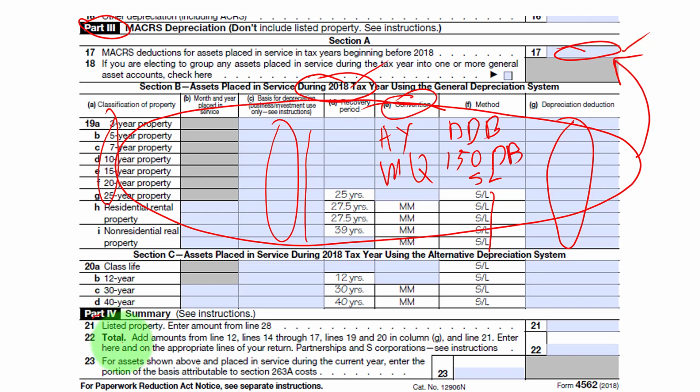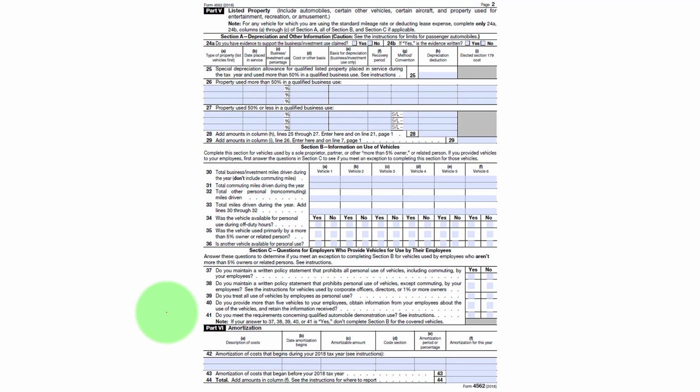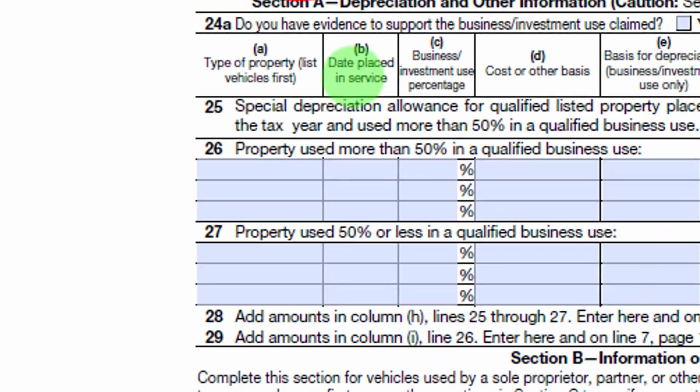Okay, next part, listed property, is coming from the back side of this form. So let's take a look at that. Here's page 2 of the 4562. Remember, listed property is where the asset has both business and non-business use. And the key percentage, let me see if I can zoom in here.